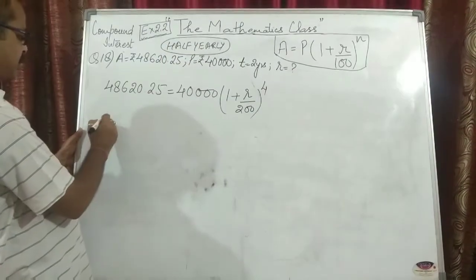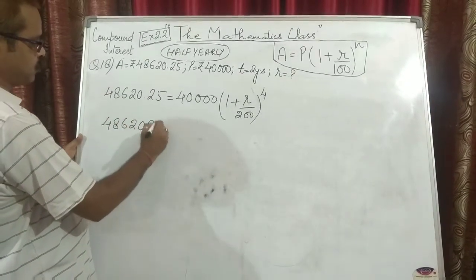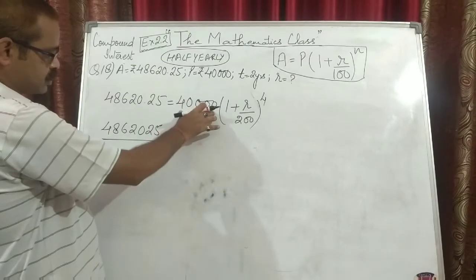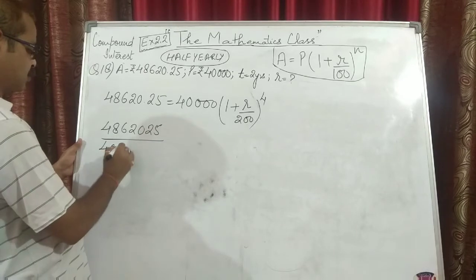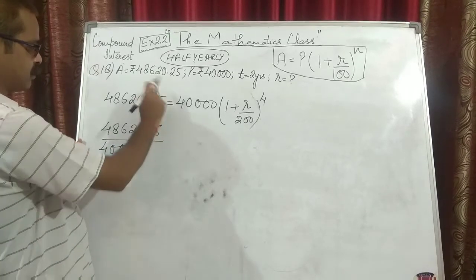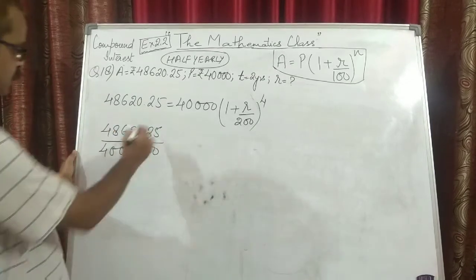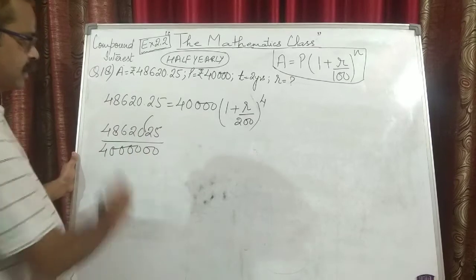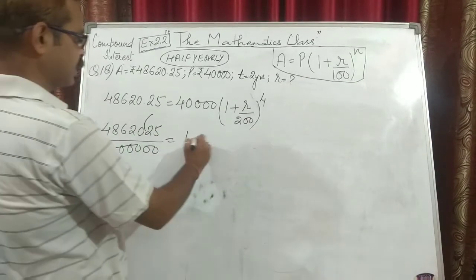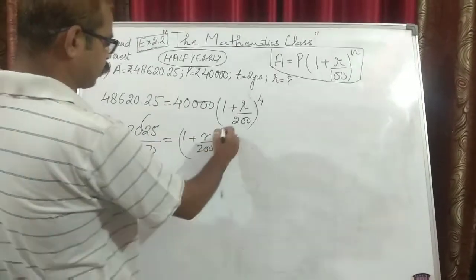Now this can be written as 4862025 upon, this total comes to the denominator 4, 1 2 3 4 zeros and decimal removed, so 2 more zeros. This was 0.25, so we remove this decimal and we increase 2 zeros, is equal to (1 plus R upon 200) to the power 4.